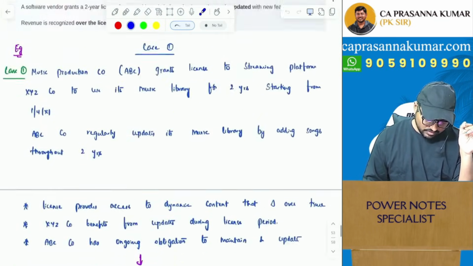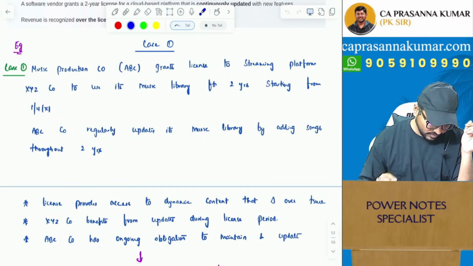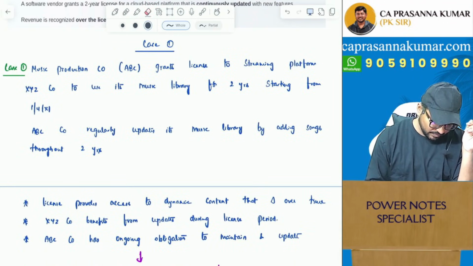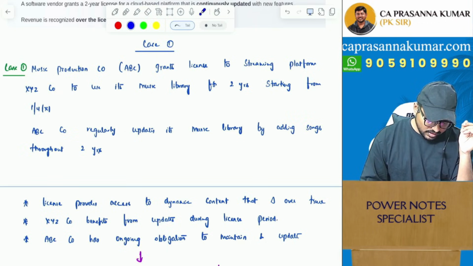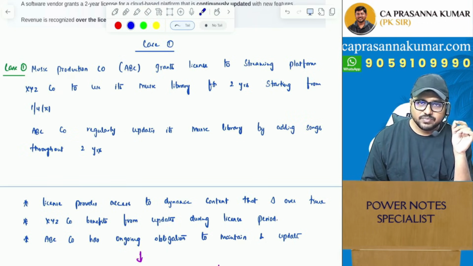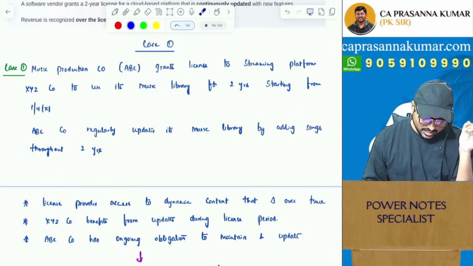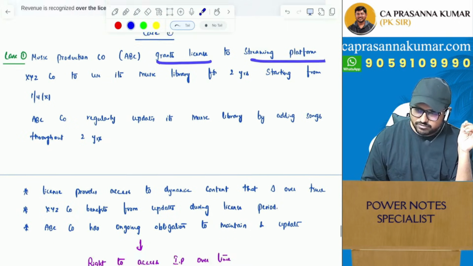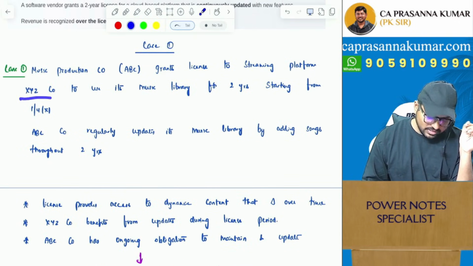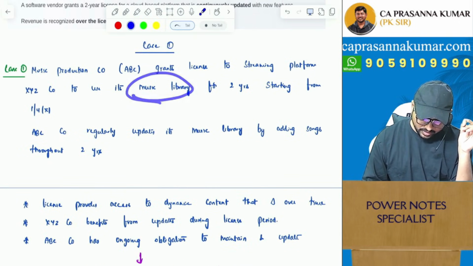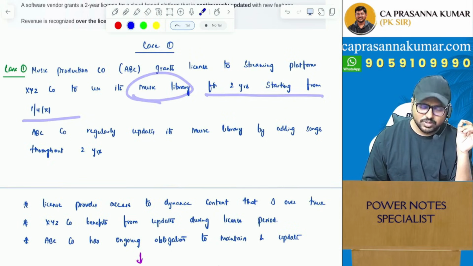Okay, let's start with the first example over here, case 1. Now what's happening? There is a music production company ABC. It grants a license to a streaming platform, XYZ company, to use its music library for 2 years starting from 1/4/X1.